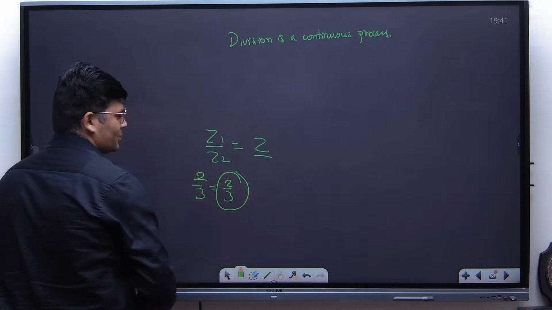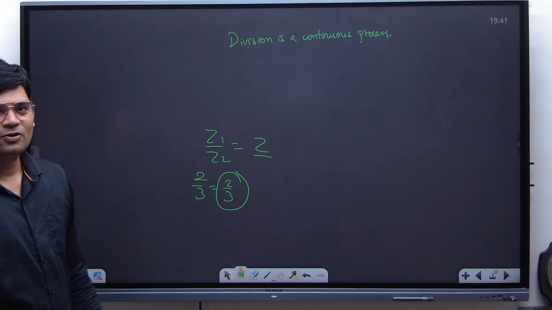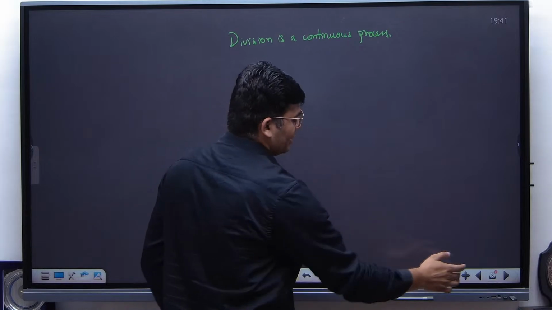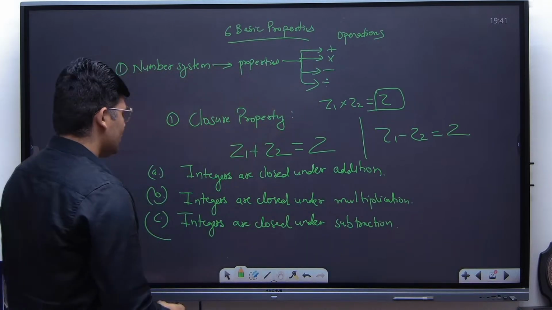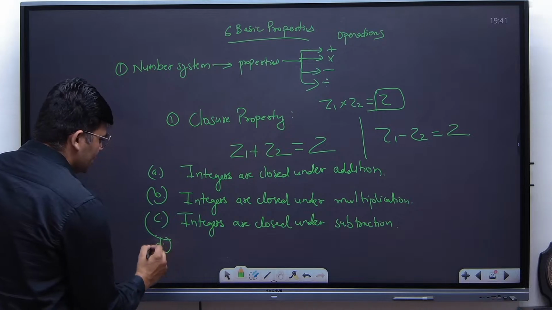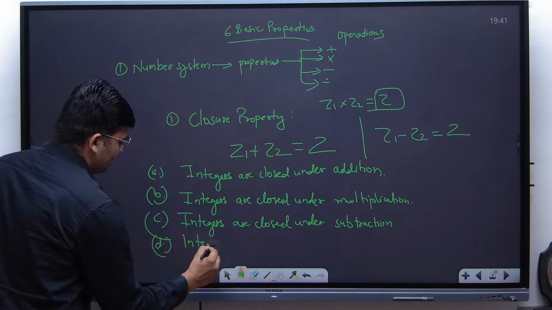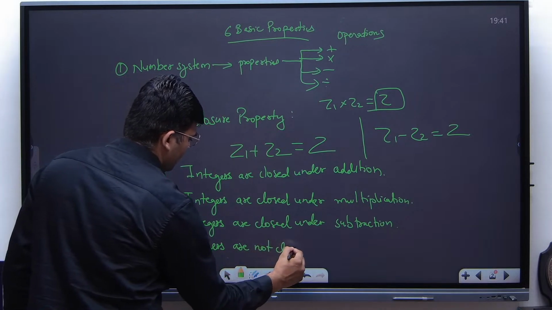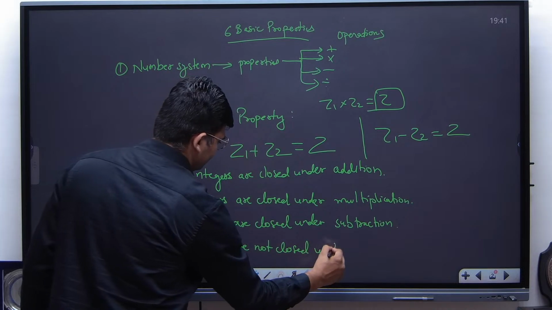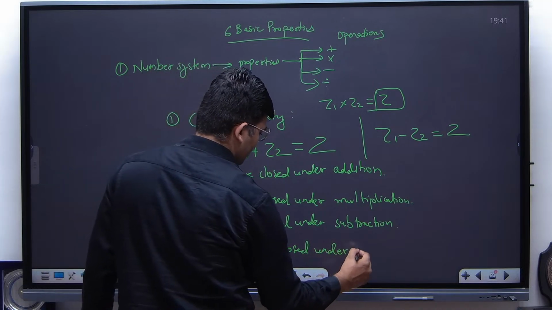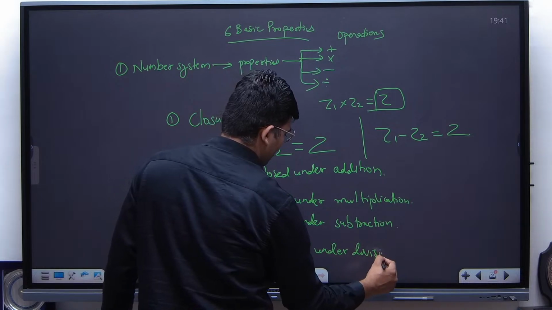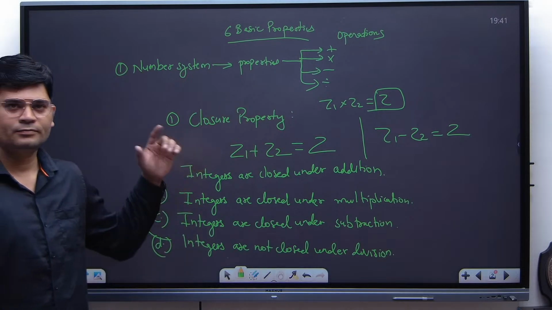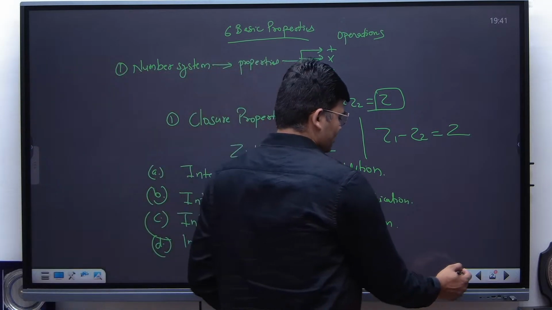This is not an integer, this is a fraction. So whatever is valid in subtraction is not valid for division. So integers are not closed under division. Got it? Written as well? Yes, sir. Okay, you are so fast.